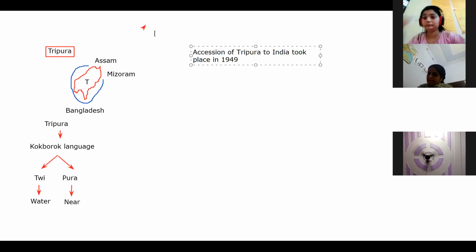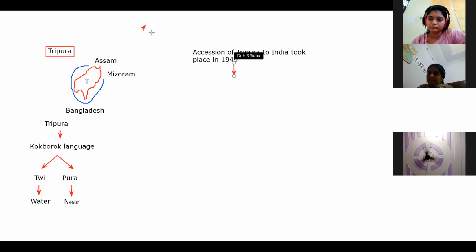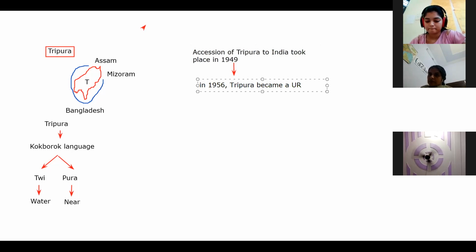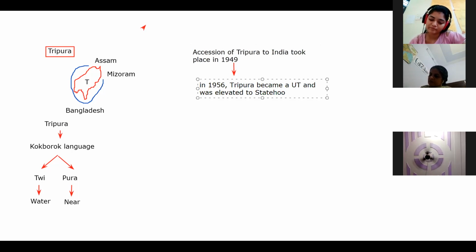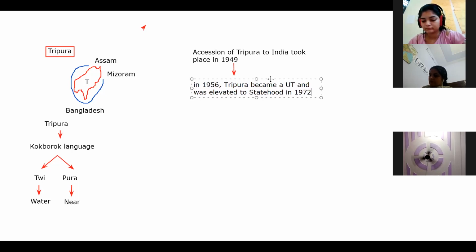And in 1956, Tripura became a union territory and was elevated to statehood in 1972. So in 1972, it was made a state.